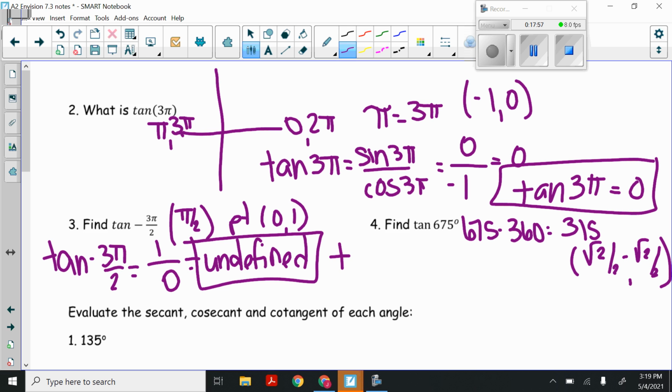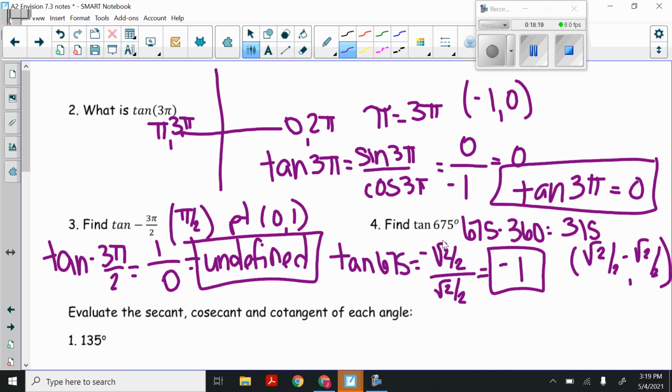So the tangent at 675 is equal to the sine, negative square root of 2 over 2, over the cosine, the square root of 2 over 2. I have the same thing being divided by itself, but one's negative, one's positive. So when I divide that, I get negative 1.